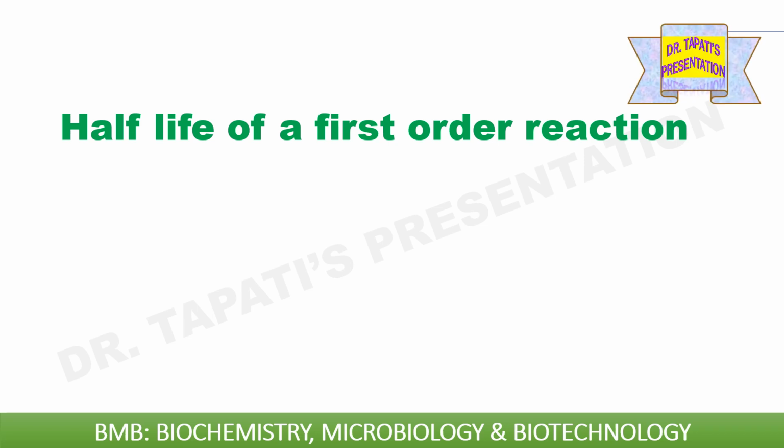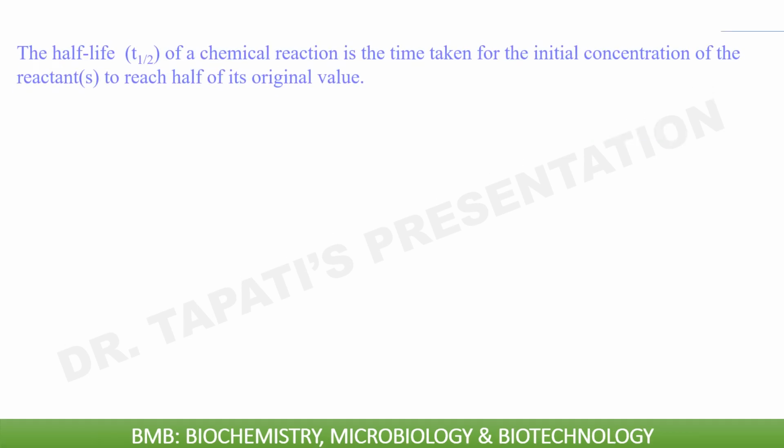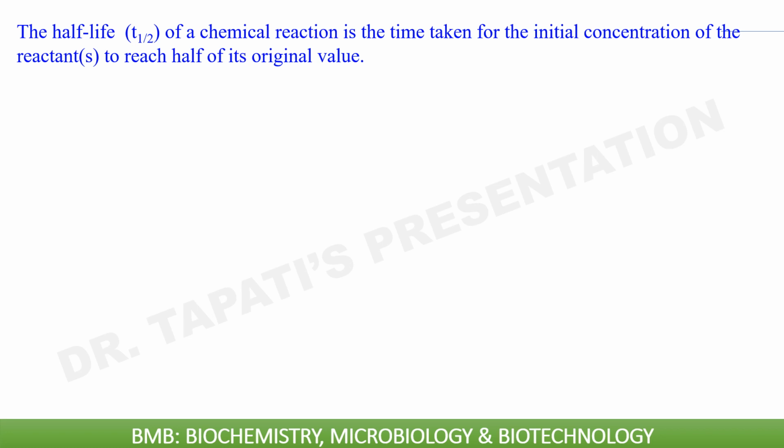Let's calculate half-life of a first order reaction. Half-life, or t half, of a chemical reaction is the time taken for the initial concentration of the reactant to reach half of its original value, where t is equal to t half and St is equal to S0 by 2, that is half of the initial concentration.